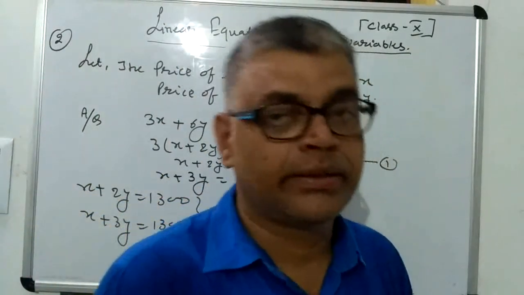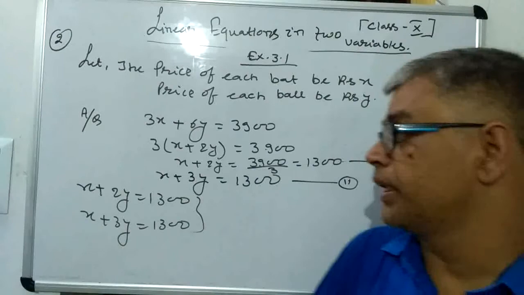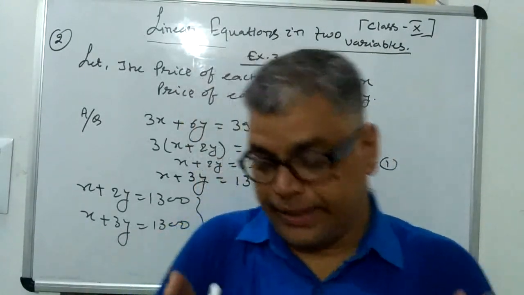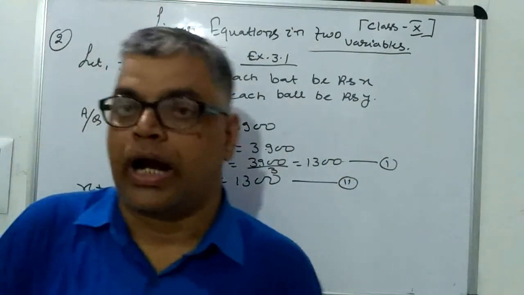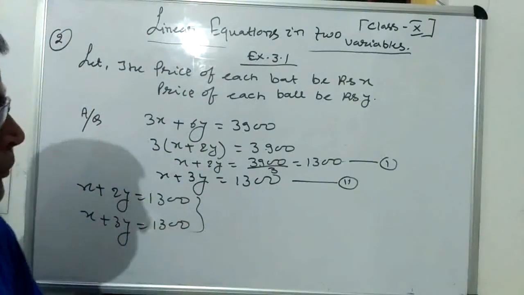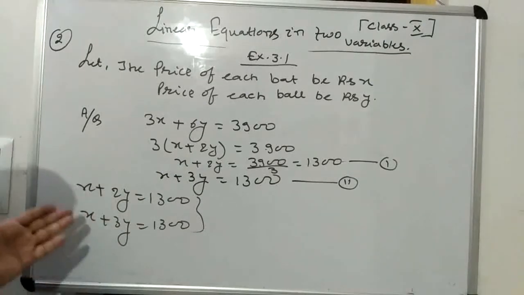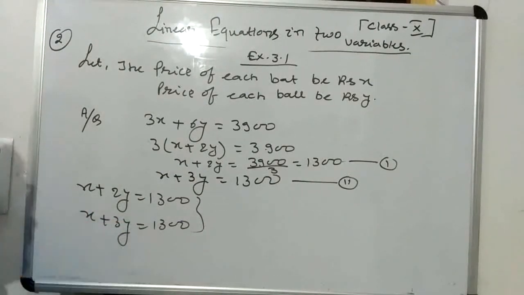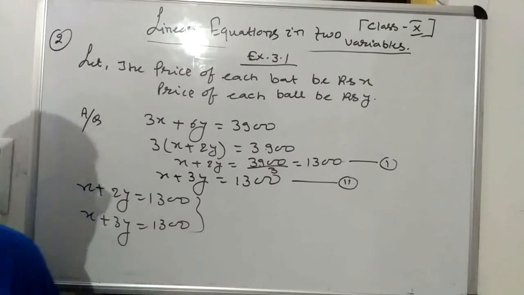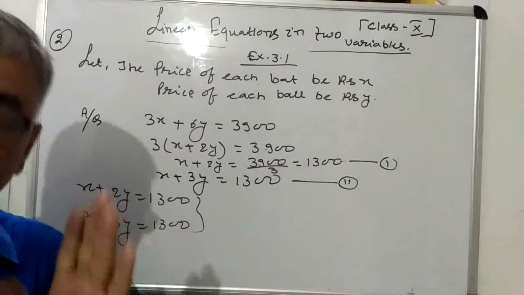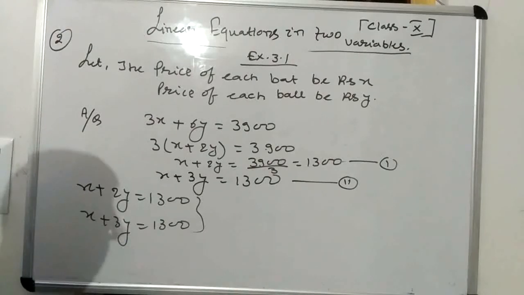To represent this, from one equation you prepare the chart and take the values of x and y, and on graph paper you plot the graph of this equation. Similarly you plot the graph of the second equation. Keep in mind that whenever you plot a graph of a linear equation, you always get a straight line only. So you will get another straight line.